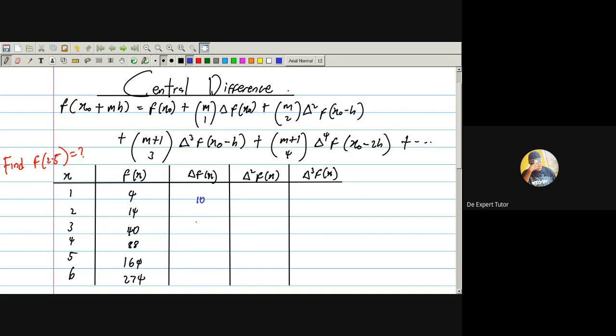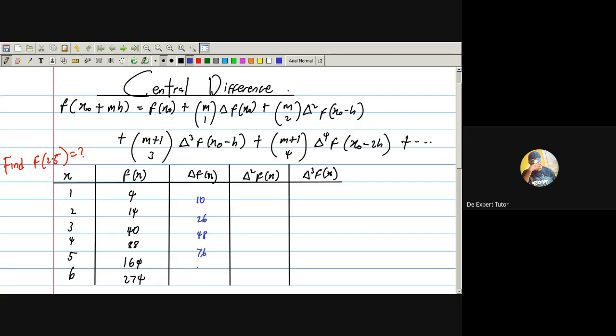This minus this: 40 minus 14 will give me 26. Next, 48. Next, 76.